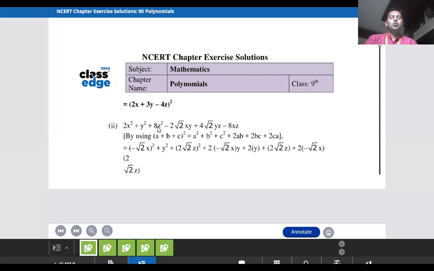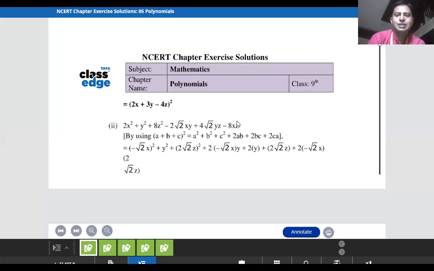Now this 2 root 2 xy can be represented as 2 into under root 2 x with negative sign into y. This 4 root 2 yz will be 2 into y into 2 root 2 z, that is 2bc.